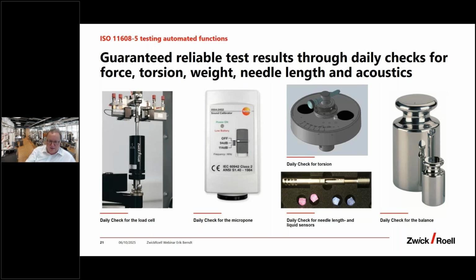And these will not replace this annual calibration, but like I said, provide a confidence every day that your results are within your regular norms. And only if you have a positive feedback from the daily check, then the software is allowed to start, and otherwise there will be some warnings.